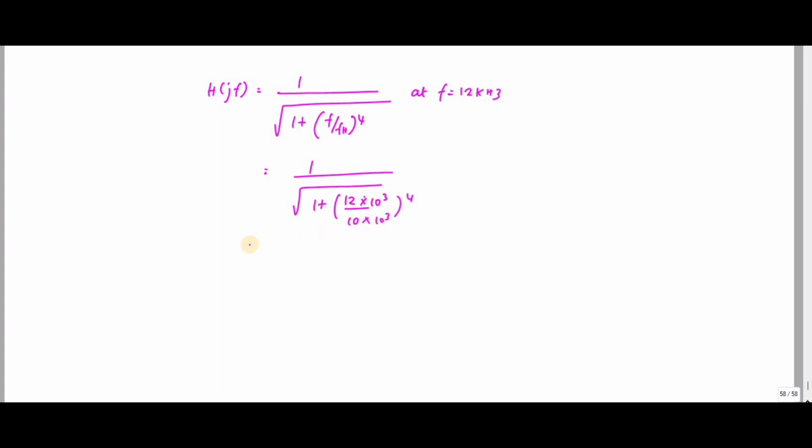If I solve this, I will get the answer as 0.5704. This is a magnitude value, so it is always positive. They have asked in terms of magnitude in dB, so 20 log of 0.5704 is minus 4.88 dB.